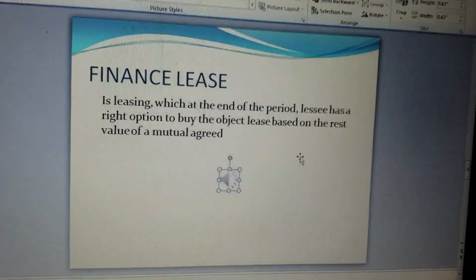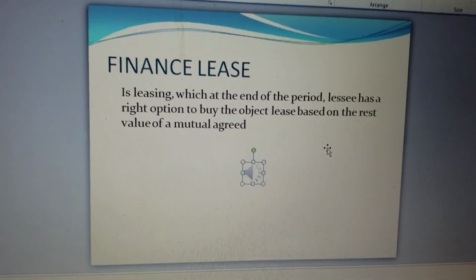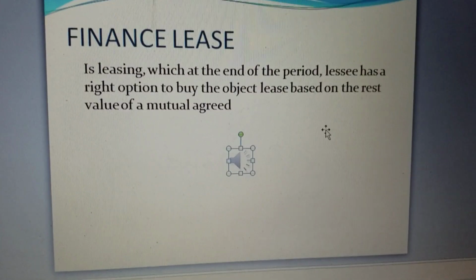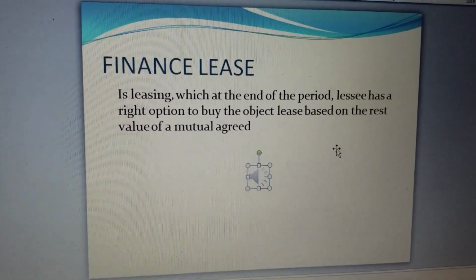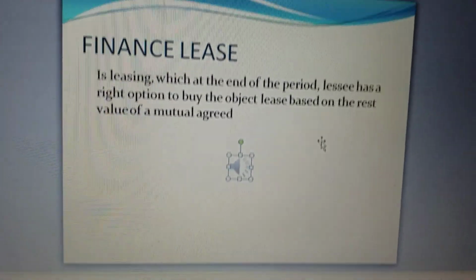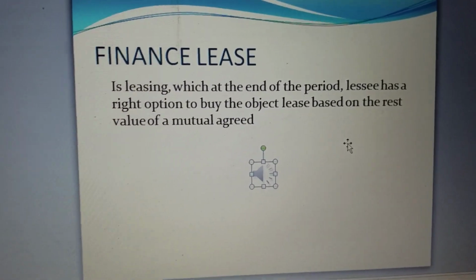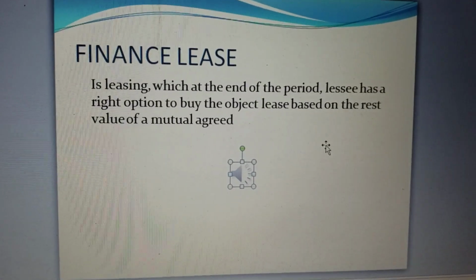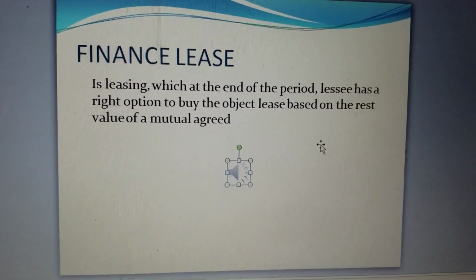At the beginning of this part 2, I told you that there are 2 kinds of leasing mechanism. The first one is finance lease. In finance lease, at the end of the leasing period, the lessee has a right to purchase the object by paying the residual value that was mutually agreed.